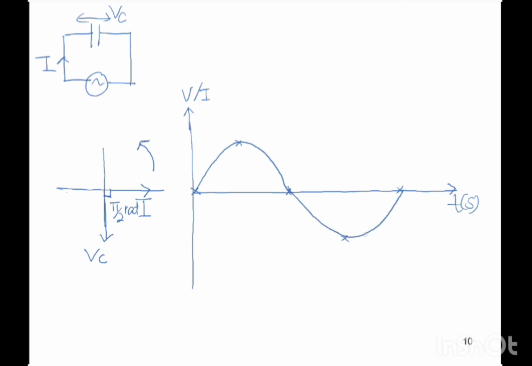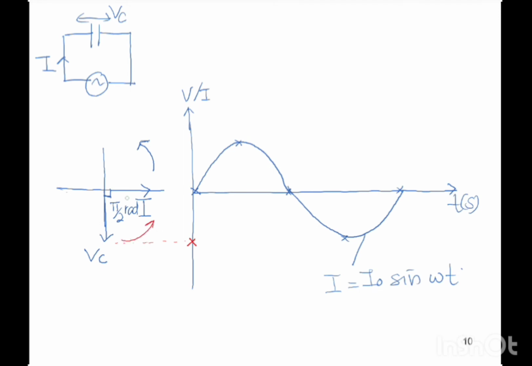So this one is the current, I equals I0 sine omega t. So for the voltage, when t is 0, the voltage is negative, and then we rotate anti-clockwise.